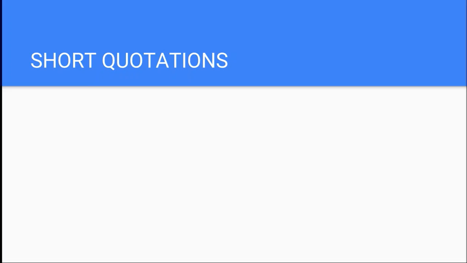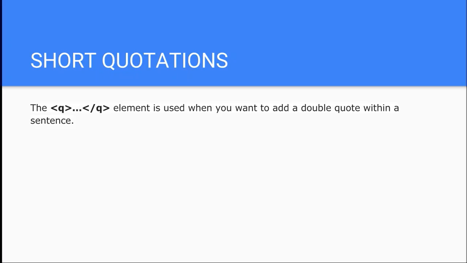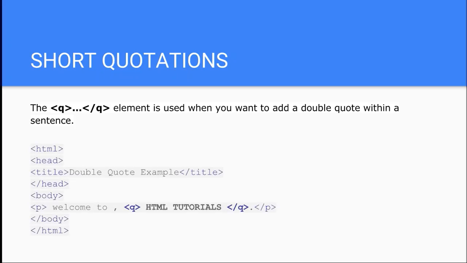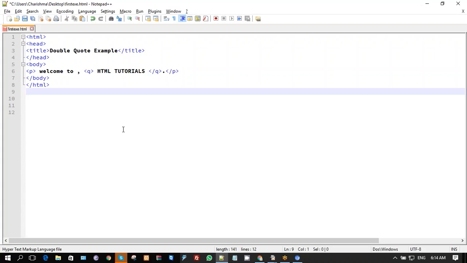And the next tag is short quotations. The Q and /Q element is used when you want to add double quotes within a sentence. So this will work inside a sentence. So let us see. The code is already here and I'm saving this code.